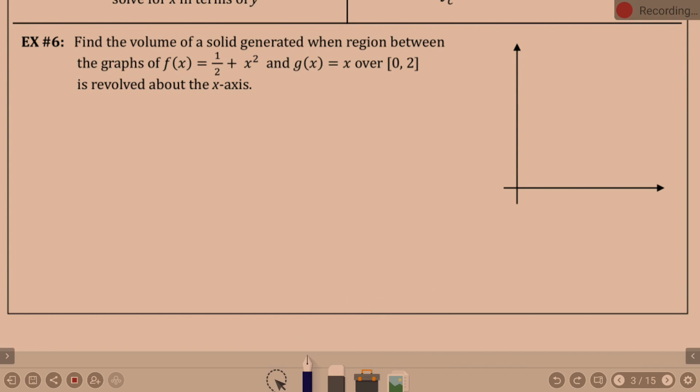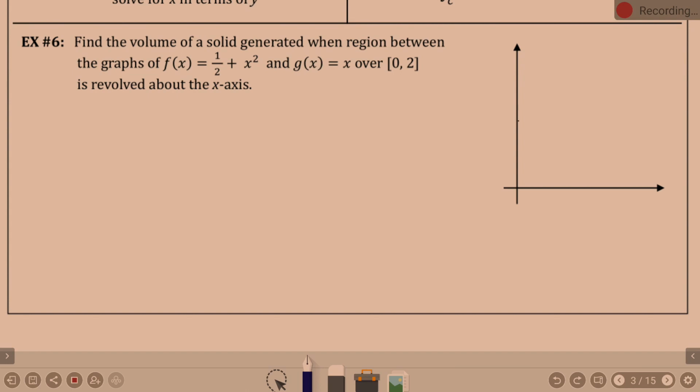Well, is it up one half? Is that what it is? Yes. So f of x equals one half plus x squared. Now, I'm going to make that half quite a big up half, because we kind of need to zoom in on what we're seeing here. So I'm going to take my half to be quite up.